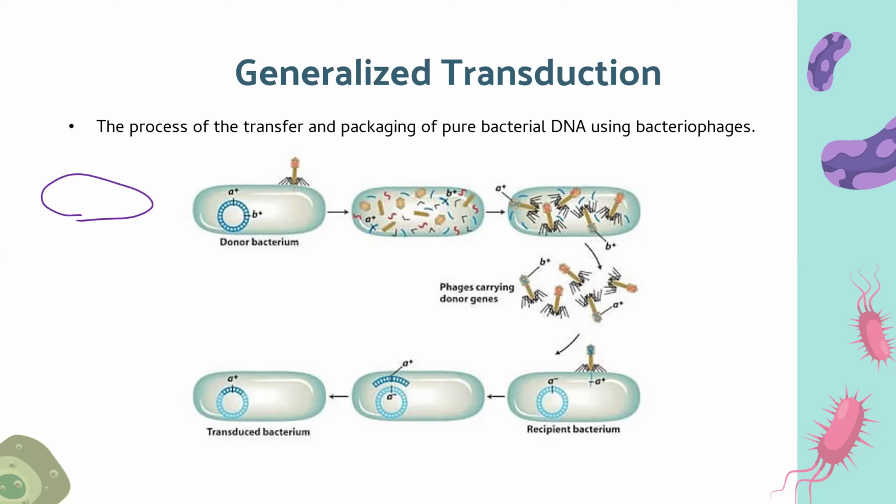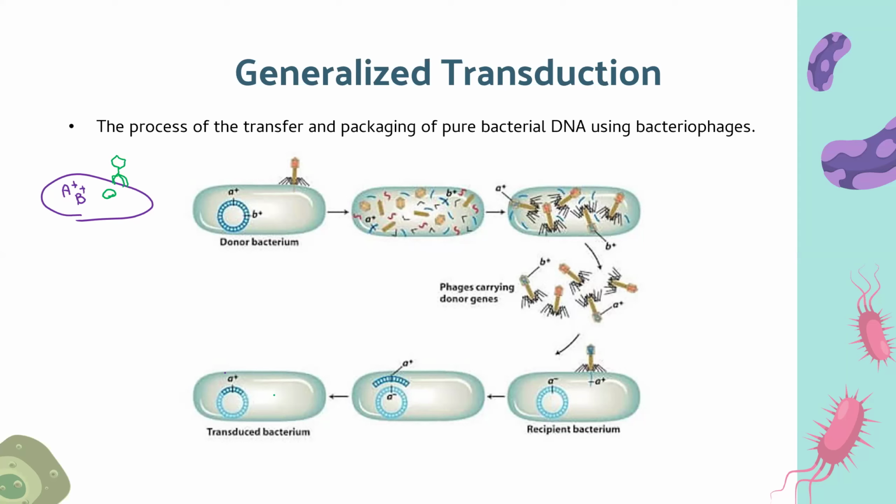Can you see my drawing on the side? Yes. Okay. So we have a bacteria. I'm not going to draw all the DNA stuff because it might get confusing. That is both A positive and B positive. At this point, I might have a bacteriophage that comes and infects this bacteria, and it's going to inject its own DNA into the bacterial DNA.